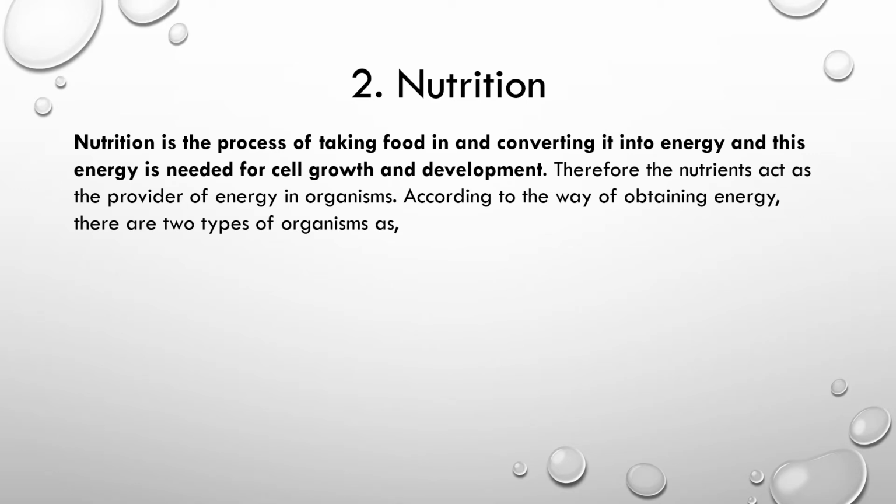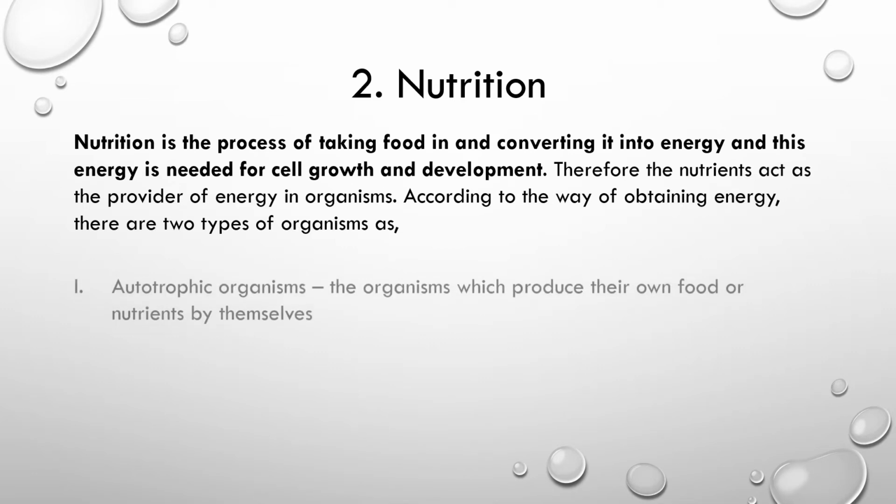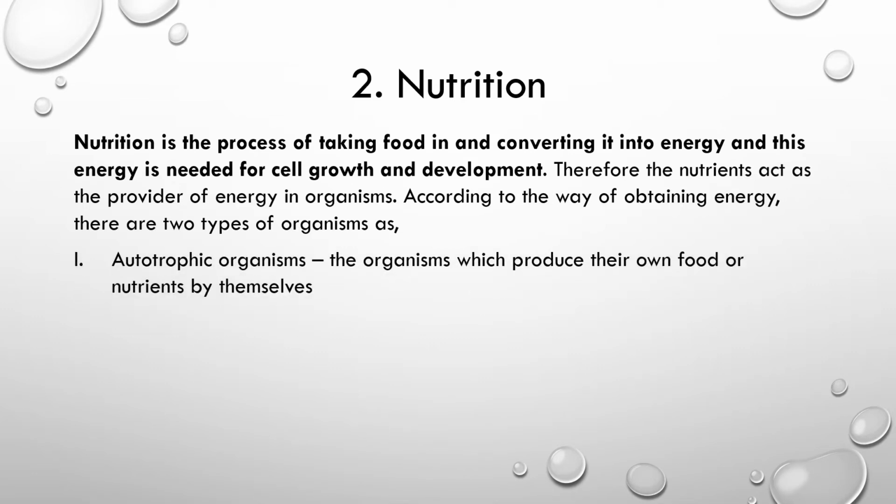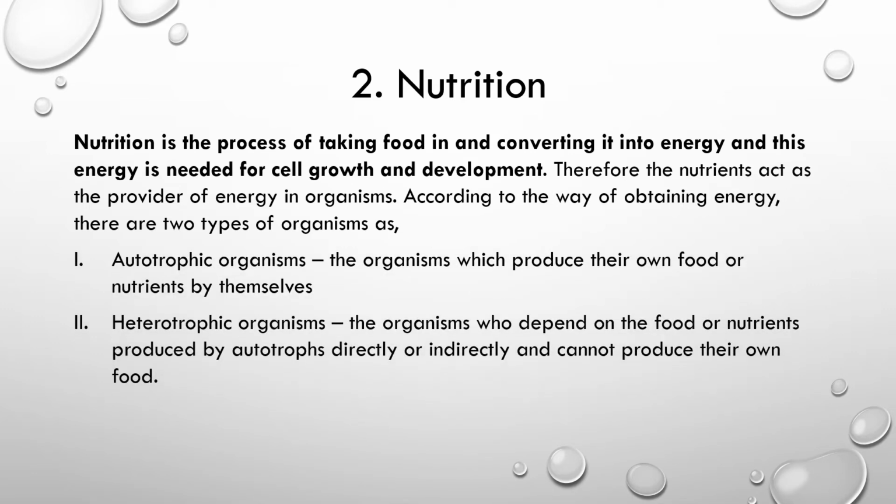If you consider the way of obtaining energy, there are two main types of organisms: autotrophic organisms and heterotrophic organisms. Autotrophic organisms are the organisms that produce their own food by themselves. But heterotrophic organisms cannot produce their own food, and they depend on the food produced by autotrophic organisms directly or indirectly.